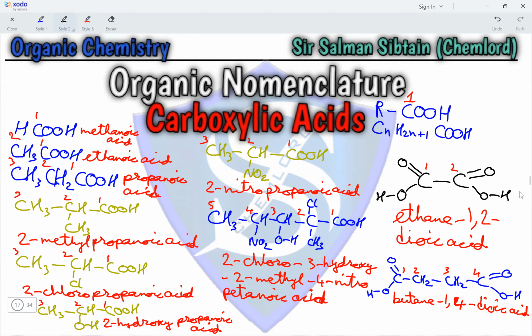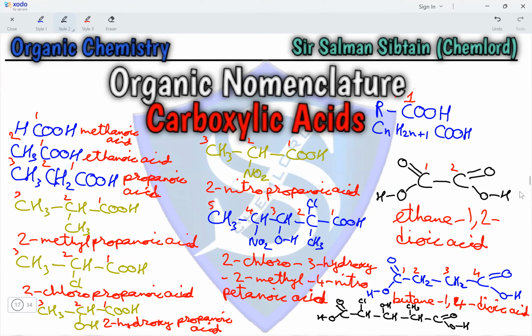Now let's take an example of carboxylic acid with two COOH groups and substituent groups. So this would be COOH, then CH, then CH, then CH, and then COOH. Where we have CH, we would label it with substituent groups: OH placed here, CH3 placed here, and Cl placed here.